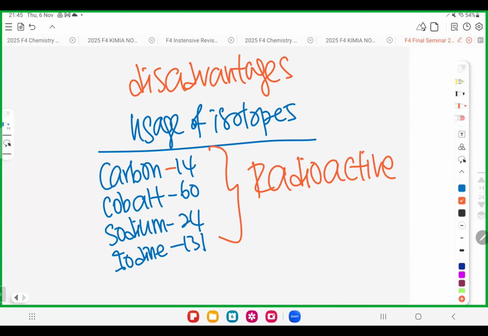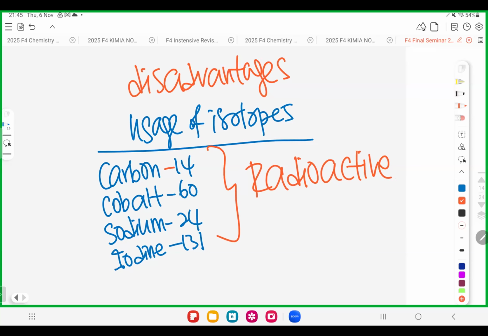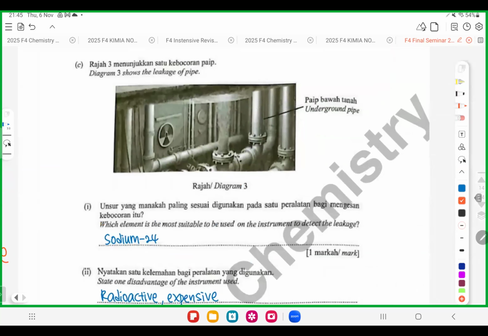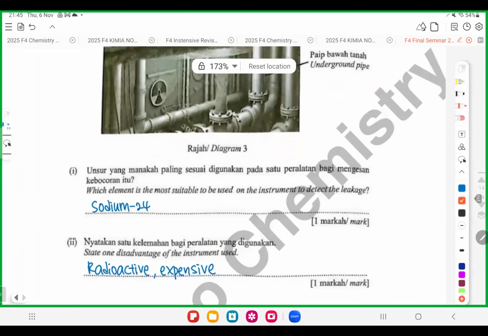That is the best, the simplest answer you can write. Radioactive, simple as that. So if today they ask me, what is the disadvantage of the instrument? Sodium 24 is the isotope. Disadvantage, radioactive. If you don't want to write radioactive, you can write expensive lah.